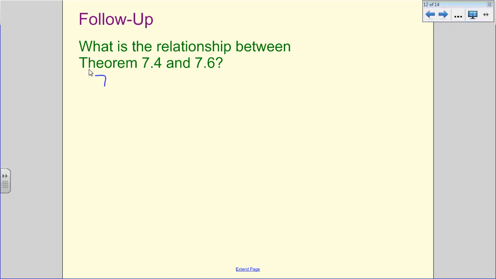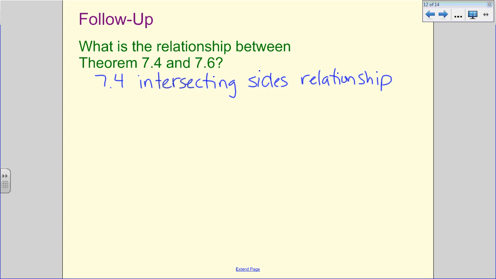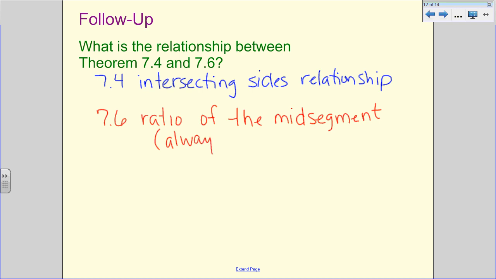So 7.4 is the intersecting sides relationship. 7.6 is the ratio of the mid-segment, which is always equal to 1/2.